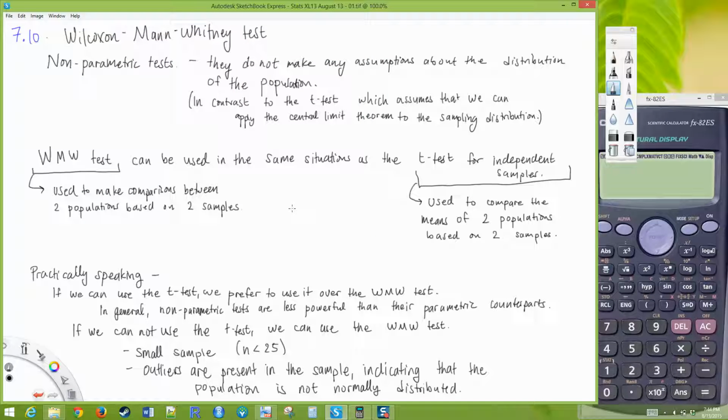Let me also make a note about non-parametric tests in general. This is the only non-parametric test we're going to cover in this class, and we're going to spend maybe half an hour or so on it. But you can take an entire statistics course or dedicate your life to studying non-parametric statistics and how to make conclusions without putting any kind of assumptions on the data.